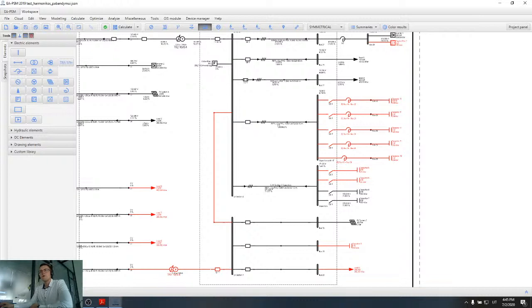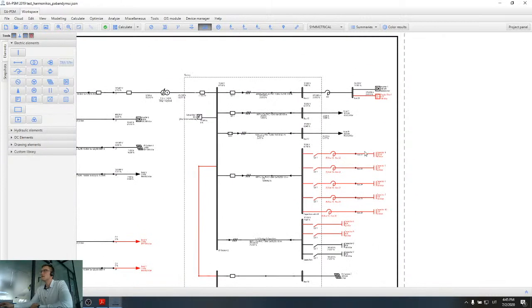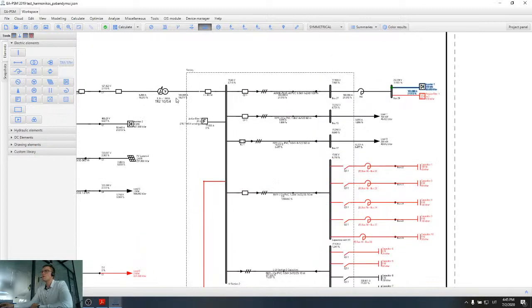Then there was a question: how to size capacitor banks with tuned filters? Tuned filters do not affect capacitor power, and you should select capacitor power according to the requirements of reactive power in the network.